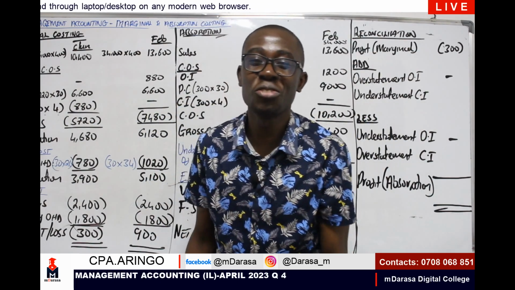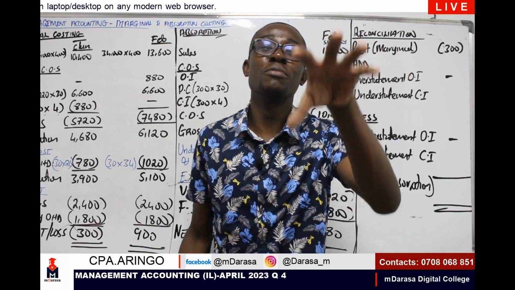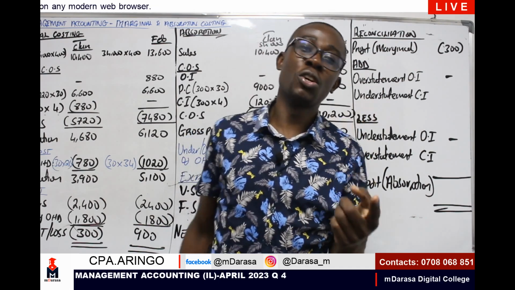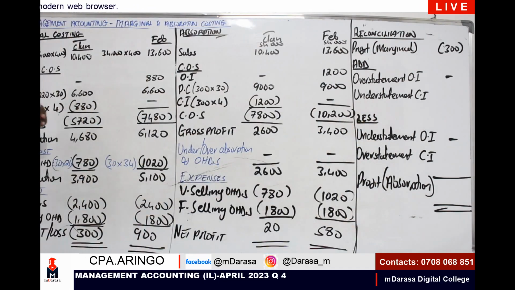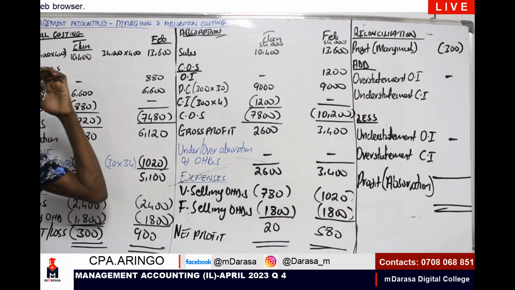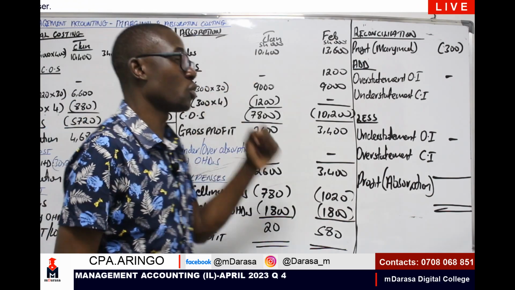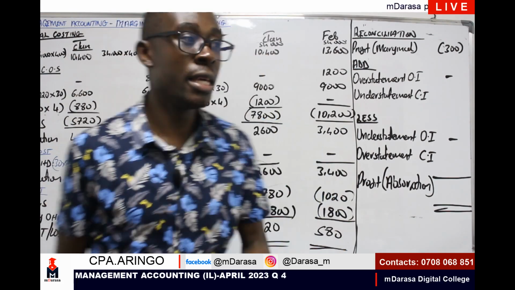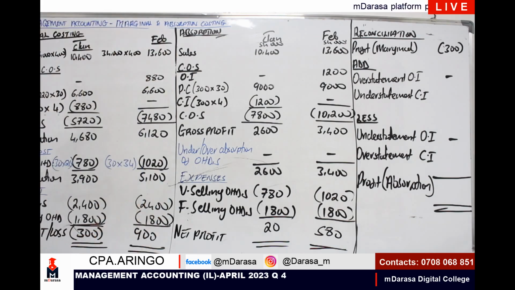My good students, that will give us what? Under absorption, or rather understatement. If at all we had marginal costing having a higher figure of inventory than absorption, we would be having the overstatement.